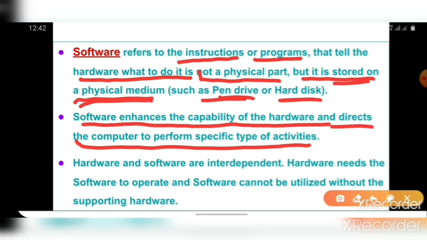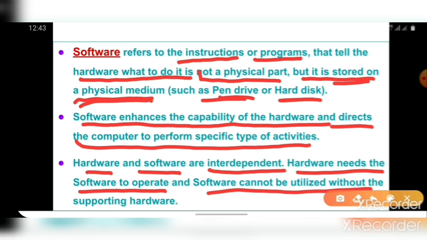Now, hardware and software are interdependent. What is the meaning of interdependent? Interdependent means they are dependent on each other. Hardware needs the software to operate. Without software, hardware is of no use, and software cannot be utilized without the supporting hardware.